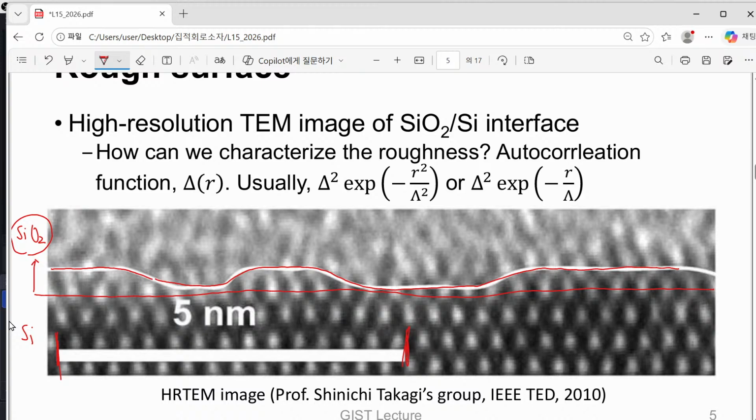Maybe you can think about it in this way. Although our electron inversion channel thickness is quite thin, on the order of a few nanometers, 3, 4, 5 nanometers, within that short range we can find the electrons.